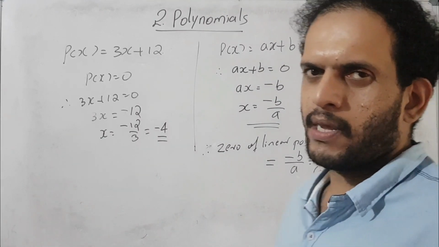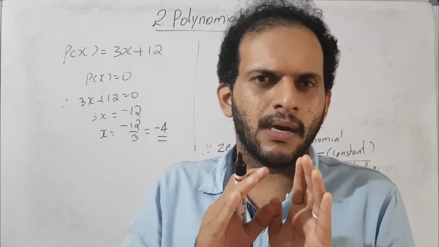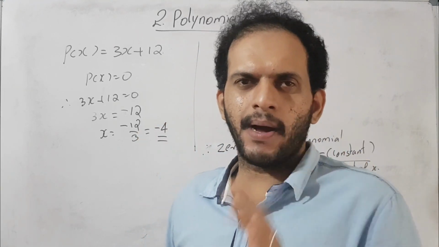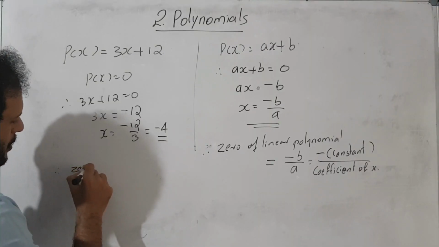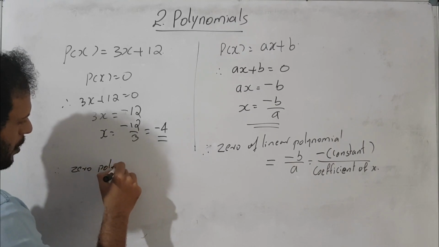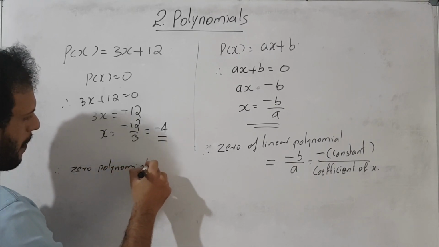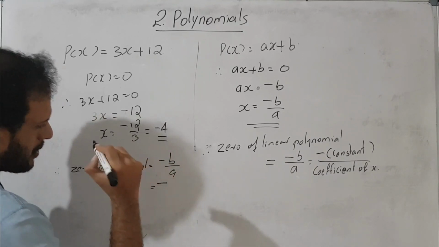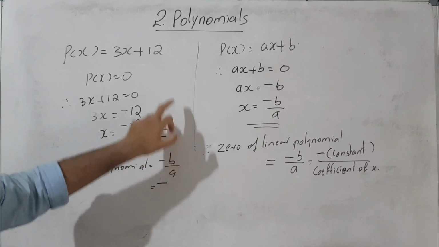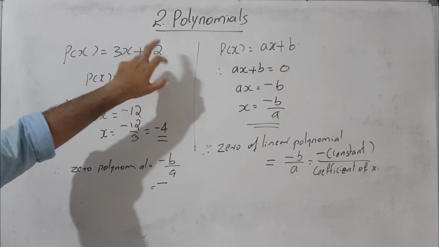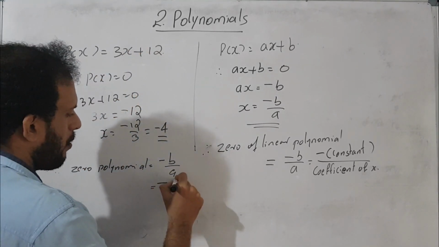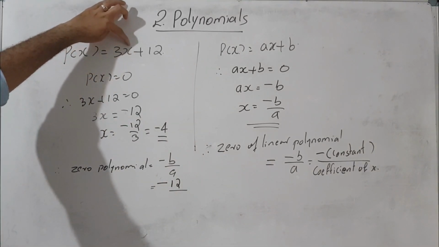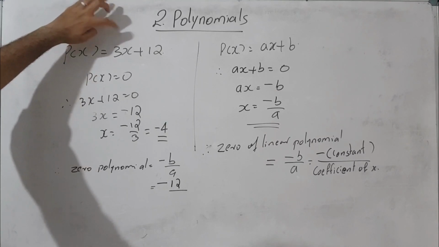Okay, so in the case of a linear polynomial, it is possible to find the 0 directly. What is the equation? Minus b by a. Here, minus b by a is equal to minus 12 by 3, because b is the constant, 12, and a is the coefficient of x, which is 3.